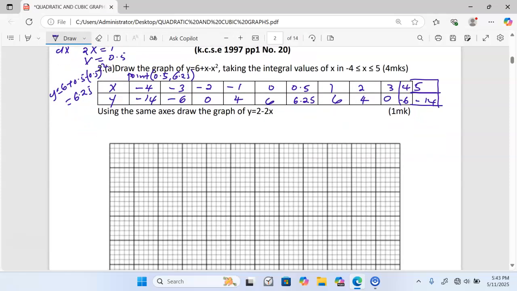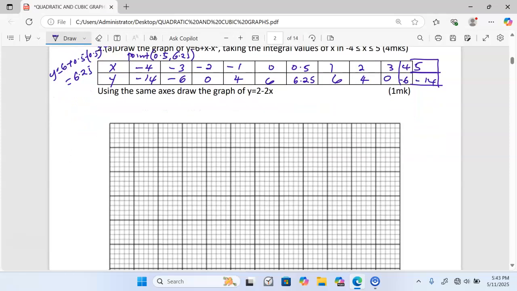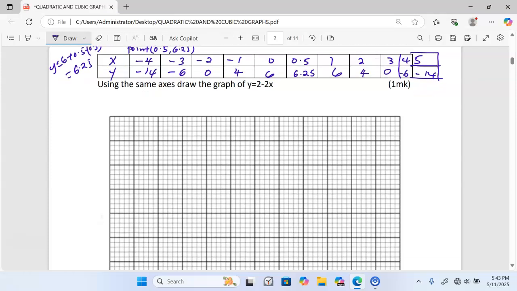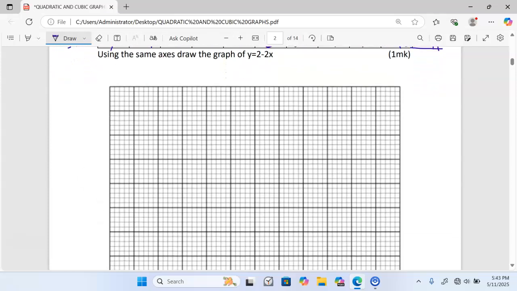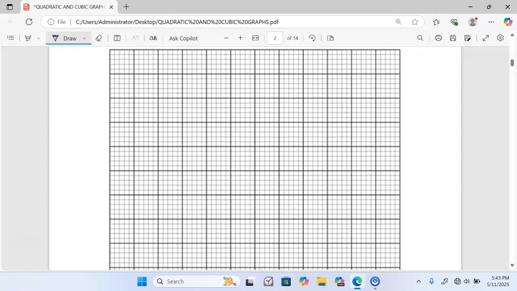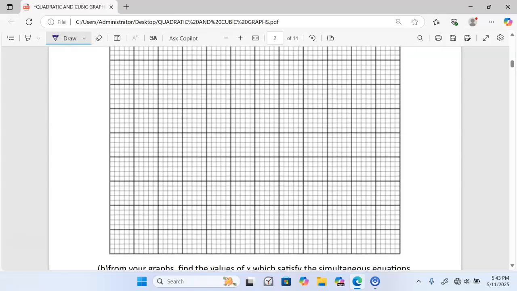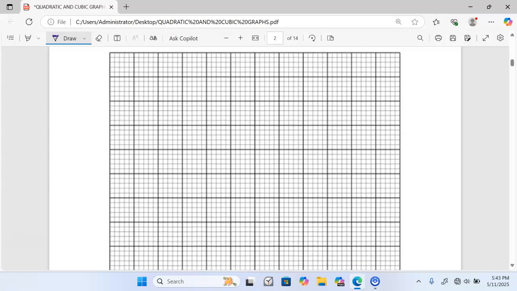From there now we can go and plot our graph. And for us to plot our graph, we are going to use a scale of 2 centimeters, that is 1 centimeter to represent 2 units on the y-axis.